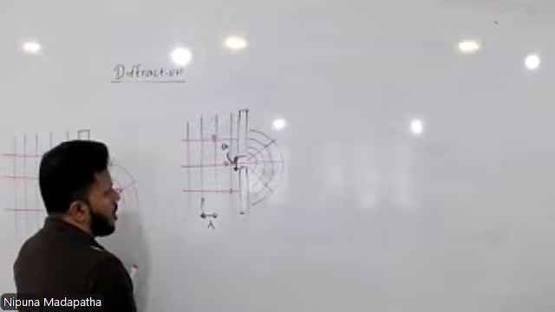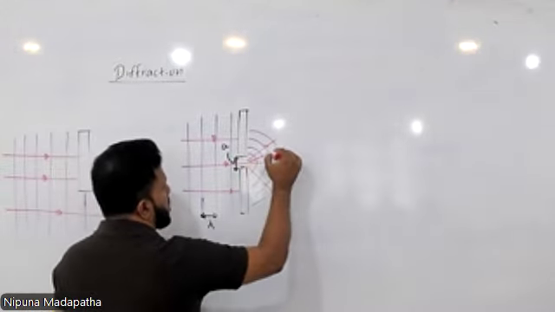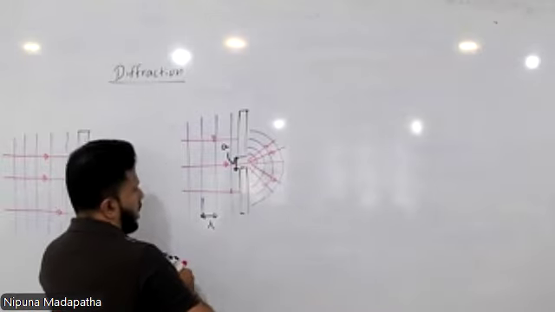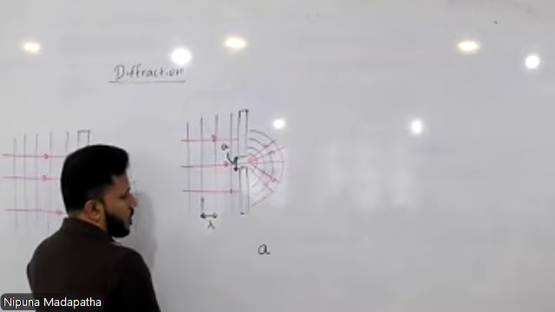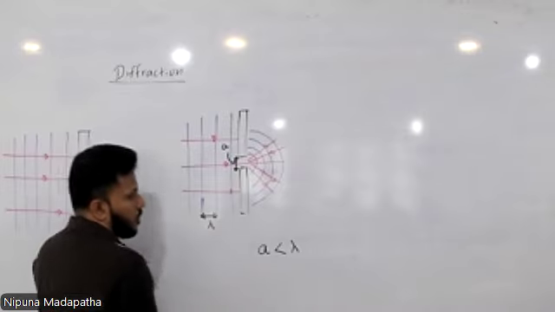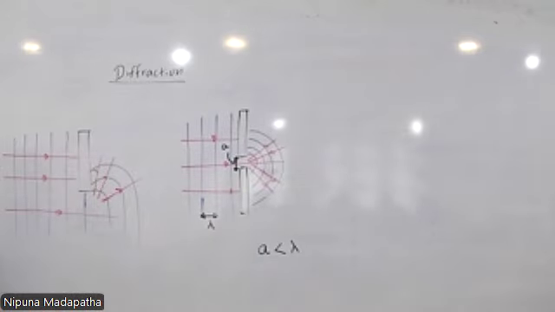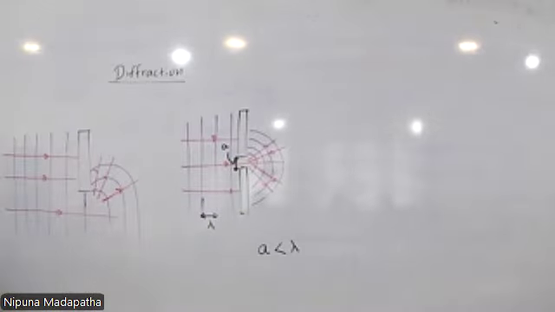So we can observe diffraction of the wave significantly if the size of this hole or obstacle is less than the wavelength of the wave. If lambda is greater than the size of the aperture or the obstacle, you can observe diffraction very well.